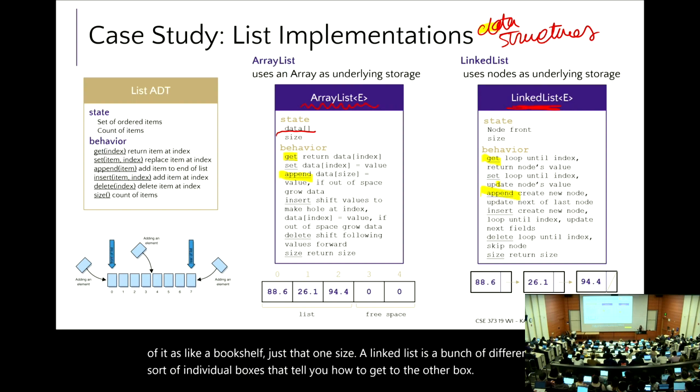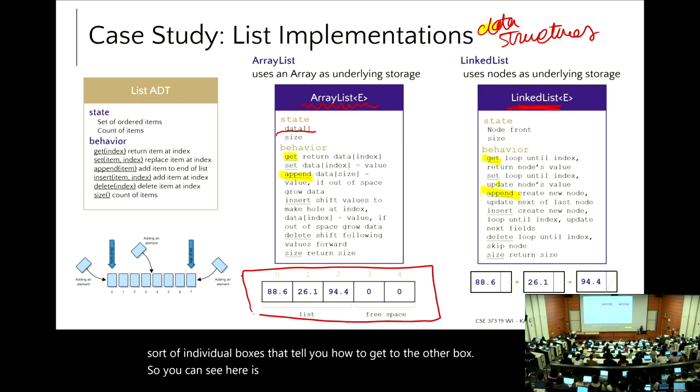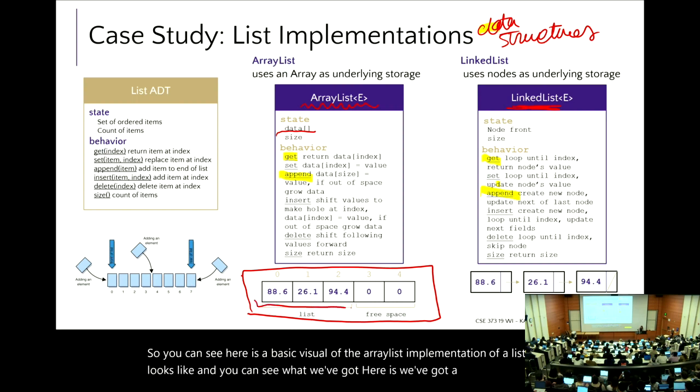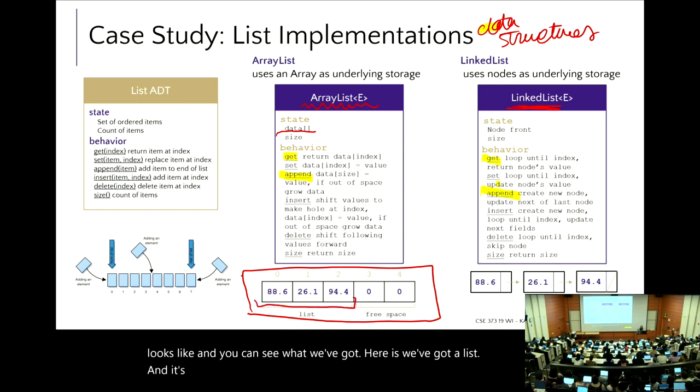So here is a basic visual of what the array list implementation of a list looks like. We've got a list and it's only referencing these first three items.